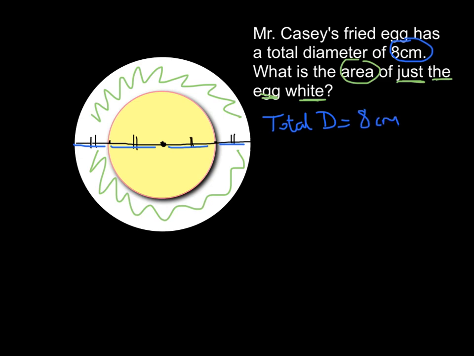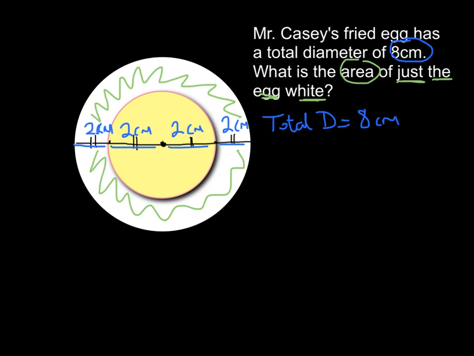Then we can fill in our diagram that this is going to be 2 centimeters. Oops. And this is going to be 2 centimeters. And so is this. And so is this. And what importance is that, you might ask? Well, you can see from looking at the diagram now that we have found some radius. We know that now the radius of the large circle is going to be 4 centimeters.